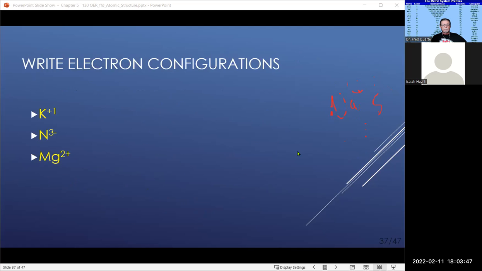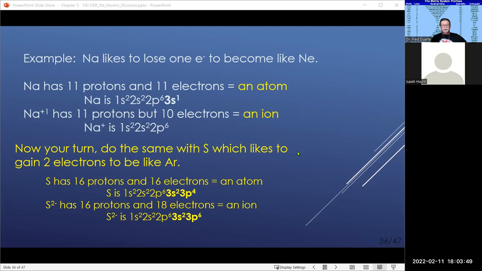All right, so now everybody here by gaining or losing electrons is now isoelectronic with a noble gas. Which one they are depends on where they are in the periodic table. You'll see the trend for metals. When they lose electrons, they become isoelectronic with the noble gas behind it. Okay, so sodium with 11 protons and electrons now becomes an ion, now has 10.